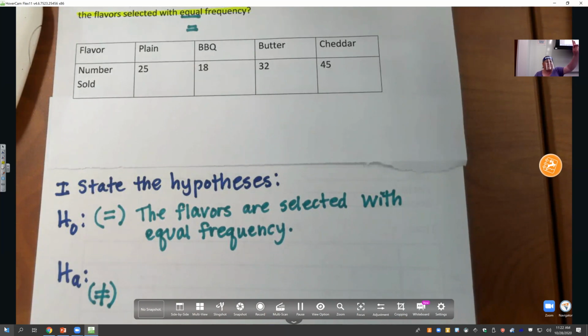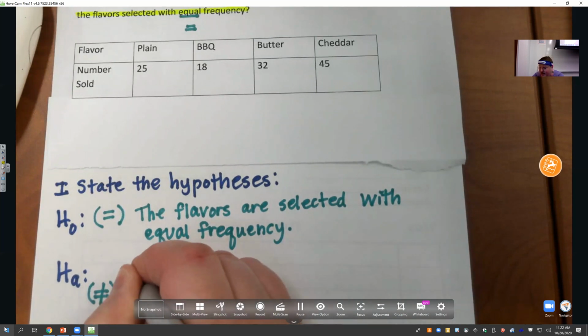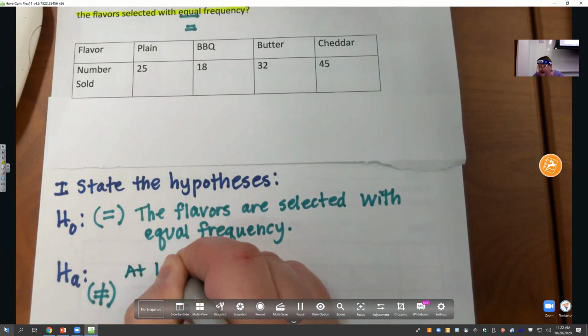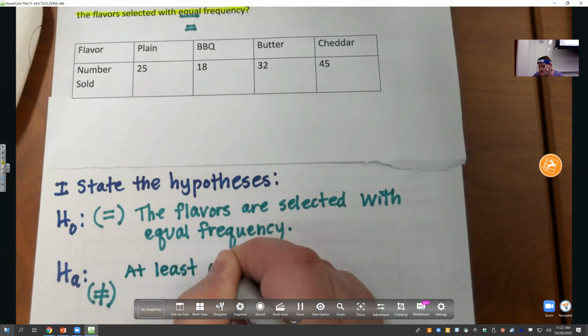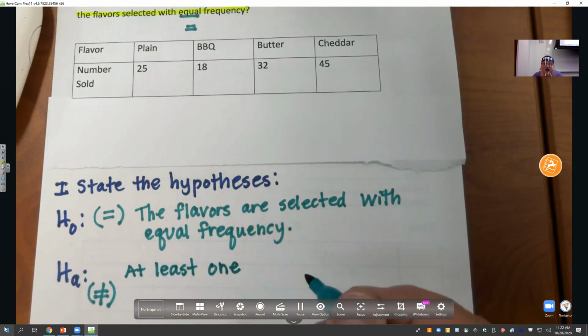If I've got those four choices and I'm trying to say each one is selected the same, how many of them would have to be different? Just one. So here's how you word it. We would say at least one, because if one is different, they're not all the same.